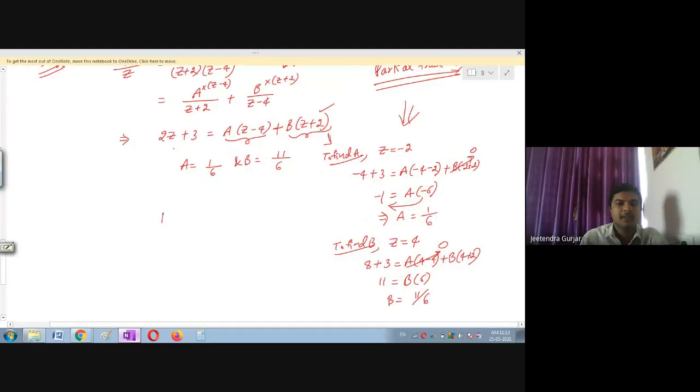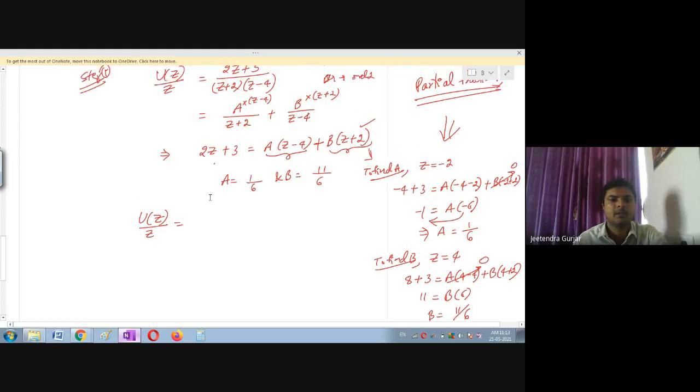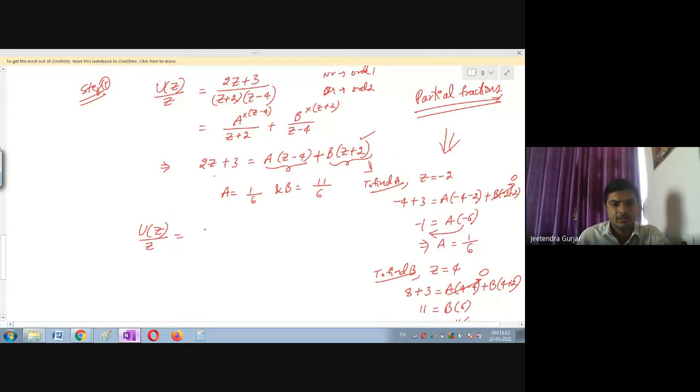So now we will simplify this. So A is equal to 1 upon 6 and B is equal to 11 upon 6 I will take. So therefore, U of z divided by z is equal to, so this will be written as 1 upon 6 divided by z plus 2, plus 11 divided by 6 divided by z minus 4, students.